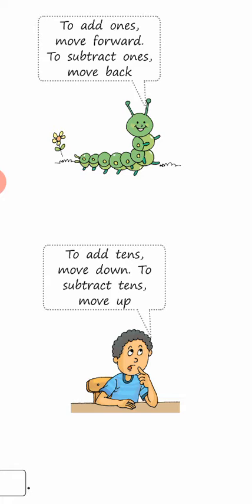Now this caterpillar is saying that to add once move forward and to subtract once move back. Means if you have to add, then you have to move forward, आगे की side, and if you are to subtract once, then you will move back. Means you will just count your back counting.